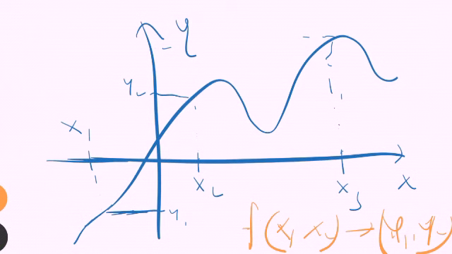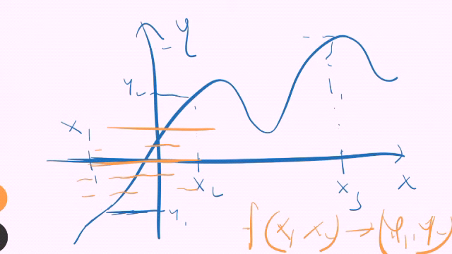Between x1 and x2, within this interval, if you draw any line parallel to the x-axis, it cuts at a single point. You can check over here. Here it cuts at a single point. So in this section the function is 1-1.